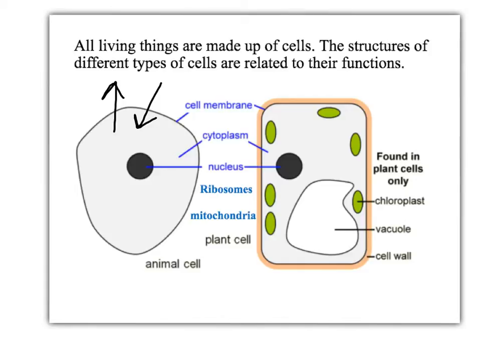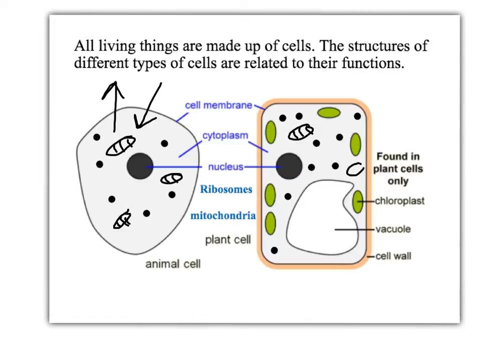We then have ribosomes. Now ribosomes are often represented by dots, and ribosomes are where protein synthesis takes place. We also have mitochondria, which often look a little bit like this. We can put one in here, and the mitochondria are the powerhouses of the cell.